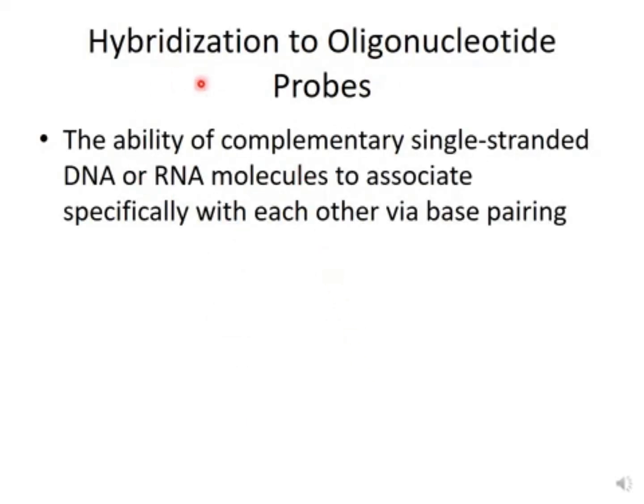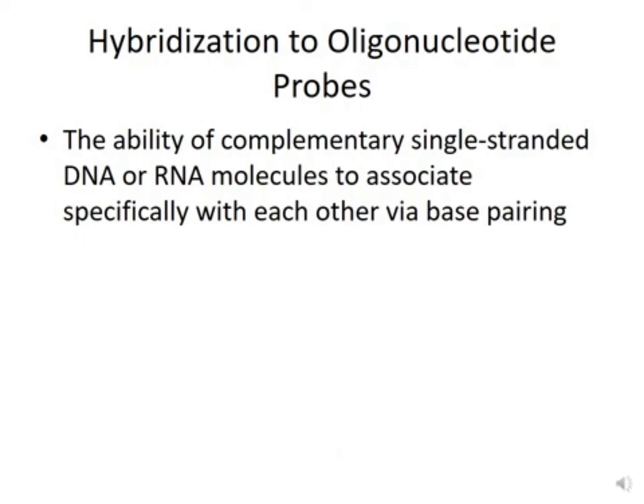One reason we want multiple copies of a certain DNA strand is to be able to hybridize it to fabricate oligonucleotide probes. So this is a method to identify a DNA sequence, and this takes place through the ability of complementary single-stranded DNA or RNA molecules to associate with each other via base pairing.